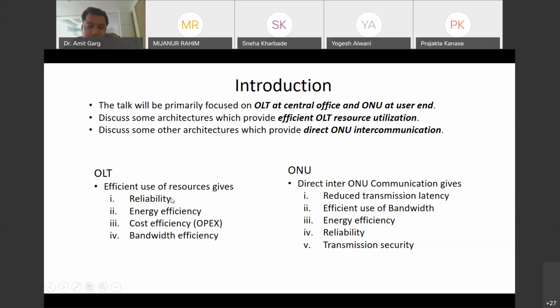Suppose there are multiple transmitters, as you already know. For the WDM systems, we have multiple transmitters. We can say one transmitter for one ONU, or a dedicated transmitter for a particular user or ONU.